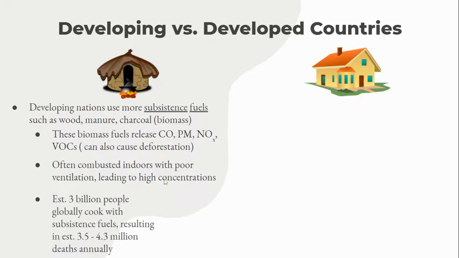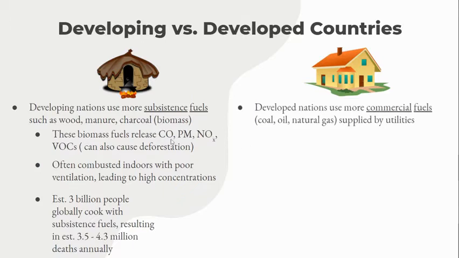Combusting indoors with poor ventilation leads to high concentrations of these pollutants. It's a scary fact: 3 billion people globally cook with subsistence fuels such as this, resulting in an estimated 3.5 to 4.3 million deaths annually over the long term, of course, and sometimes not. So something to keep our eye out for as well.